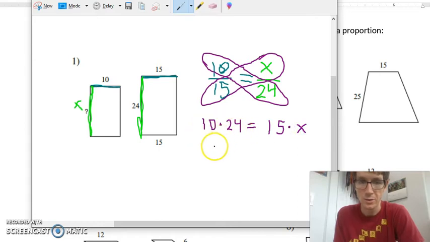So what's 10 times 24? That's 240, which is equal to 15x.